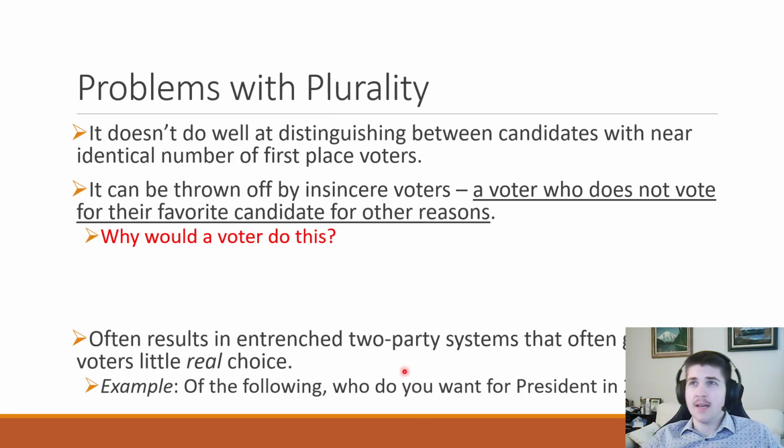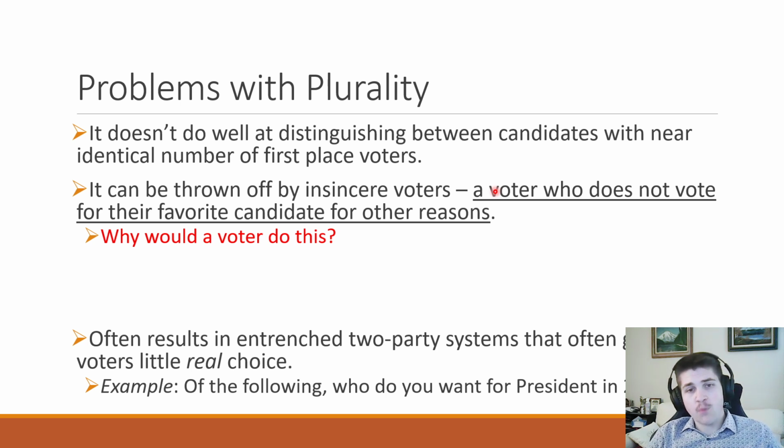But anyways, it can also be thrown off by insincere voters. An insincere voter is just defined to be a voter who's not really voting for their top choice. They're voting for someone based on alternative reasons. You might wonder, why would anyone do this? Why wouldn't they just vote for who they want? Well, this is something that happened in the 2016 presidential election.